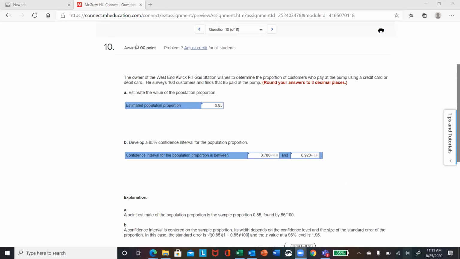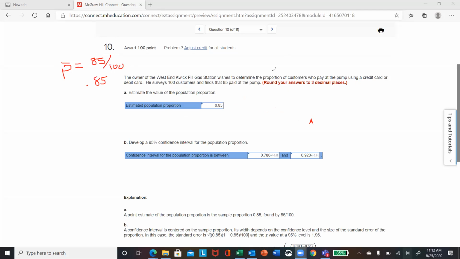In this problem, they want the proportion who pay at the pump, and you have 100 customers, 85 pay at the pump. Just like X bar is our sample mean, I like to say P bar is our sample proportion. So P bar would be 85 over 100, or 0.85.